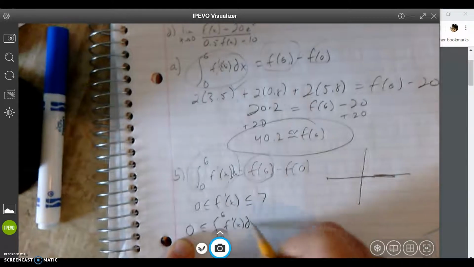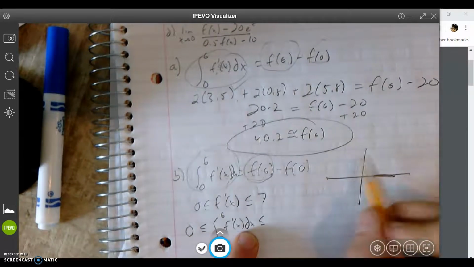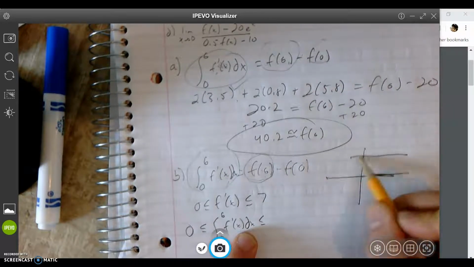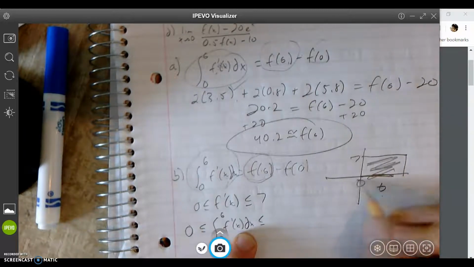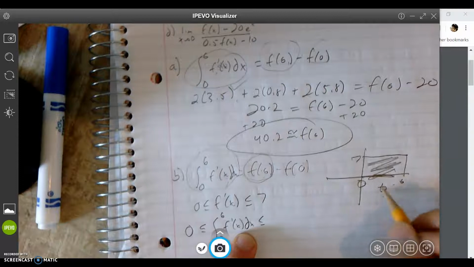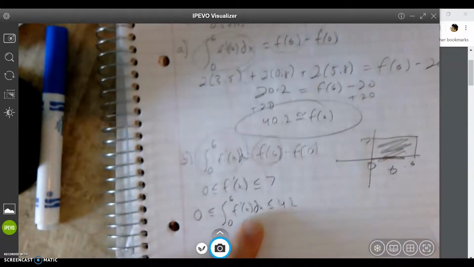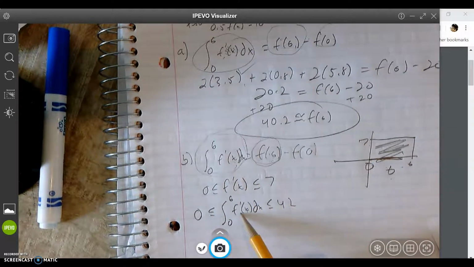The area under the curve would be 0. If the slope is 7 the whole time, then the area under the curve is, because this is 0, this is 6, 6 times 7, which is 42. So the area under the curve, if the slope is between 0 and 7, the area under the curve between 0 and 6 could be 0 and 42 or anything in between there.